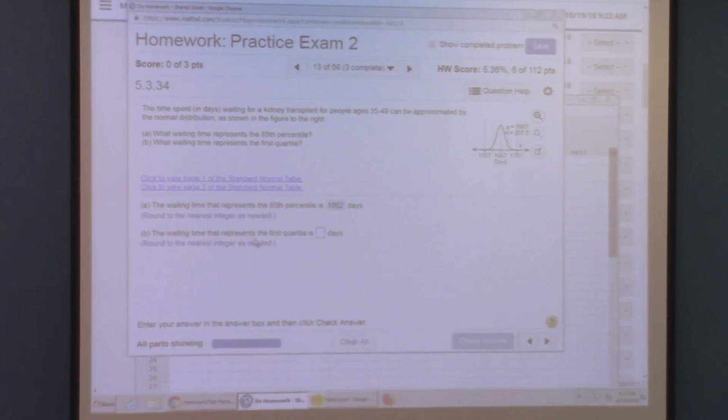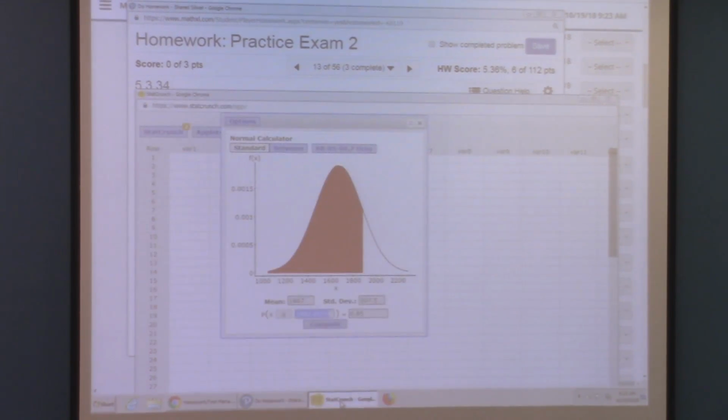The waiting time that represents the first quartile. What do we need to do? What's the first quartile? Very good. Excellent. First quartile is the same as the 25th percentile, right? So it's 1527.